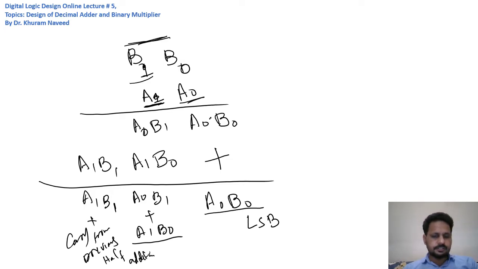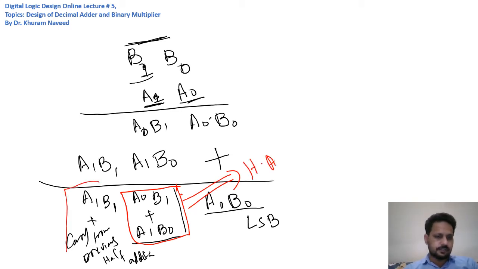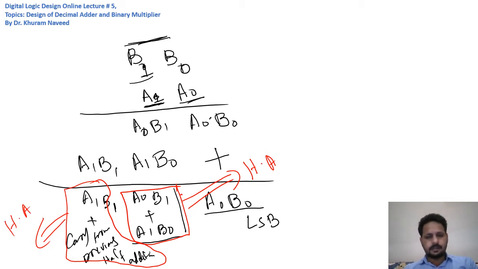Since this particular addition has only two inputs, it means it's a half addition. And again, if there is a carry, this would also be a half addition, right? So in order to make a circuit for it, first let's implement this thing.